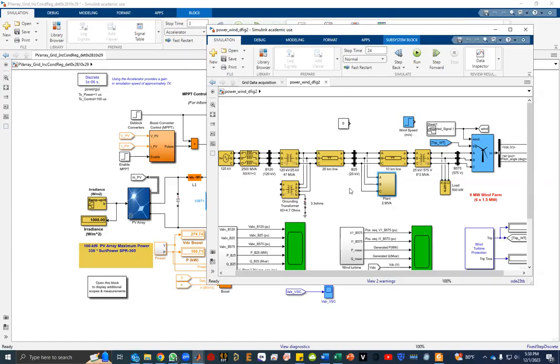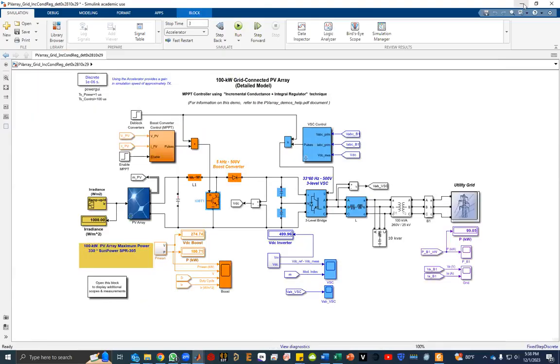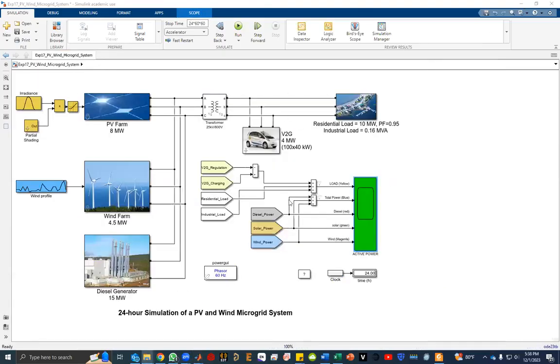Let me change some of the stuff and see whether it has any effect or not. It's an open book type of thing. You change the parameters and see what happens, because I want you to dig deep and try to understand what's going on.